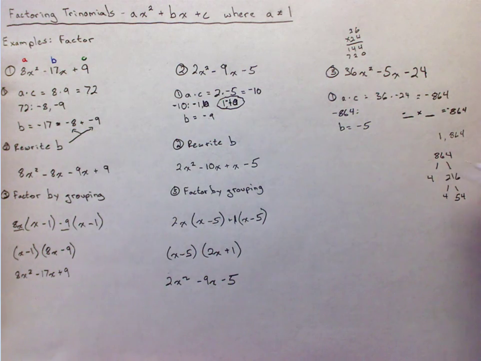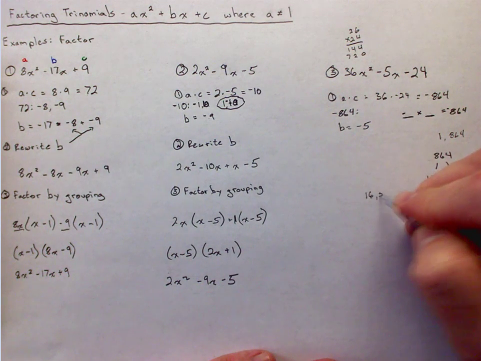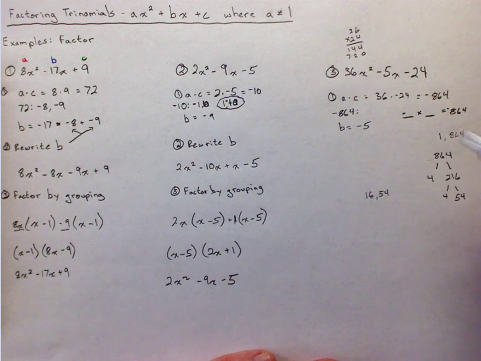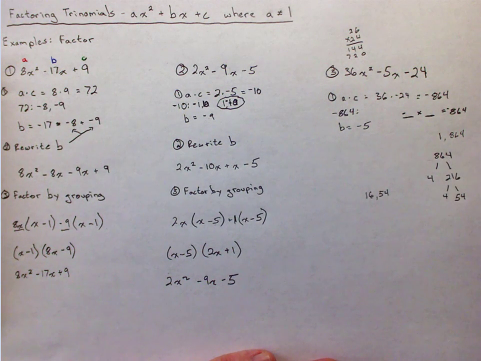So what this tells me is that 4 times 4 times 54 will equal 864. Right now I have 16 times 54. I need them to get closer together. So I'll write this over to the side. Right now I have 16 and 54. And you can test that with your calculator. You can multiply 16 times 54 and you'll get 864.